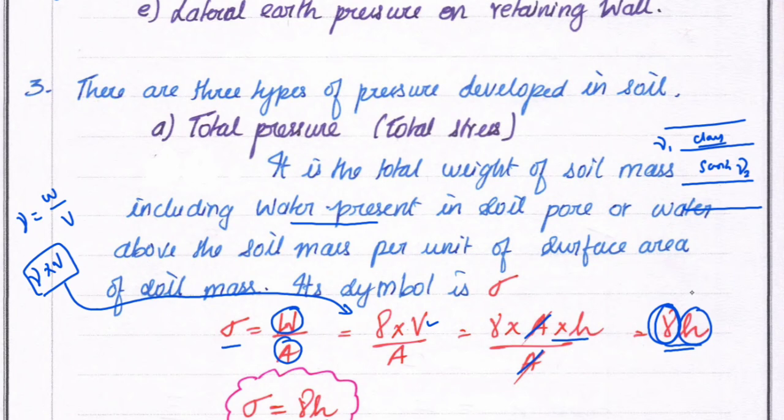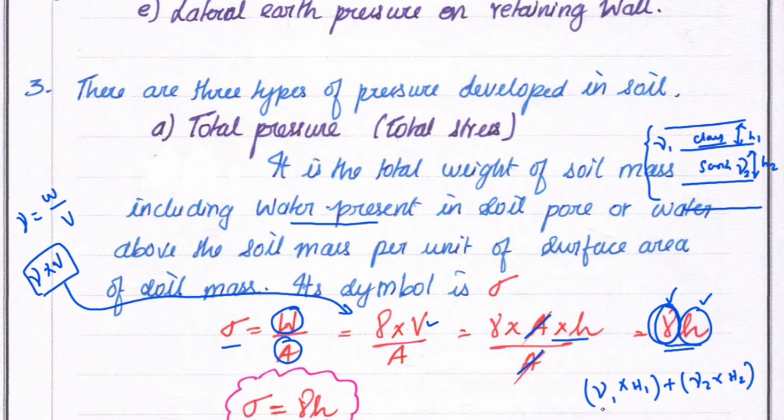Likewise we can calculate gamma as well as h. The thickness of the clay layer is taken as h1 and the thickness of the sand layer as h2. So the total is gamma 1 into h1 plus gamma 2 into h2. Likewise we can calculate the total pressure.